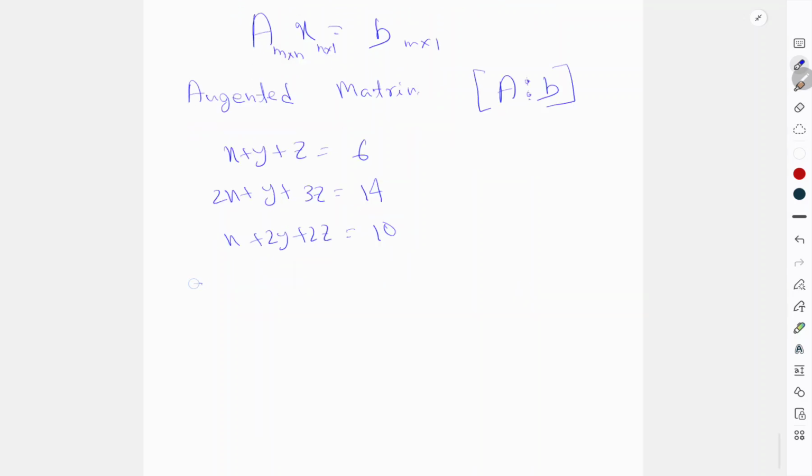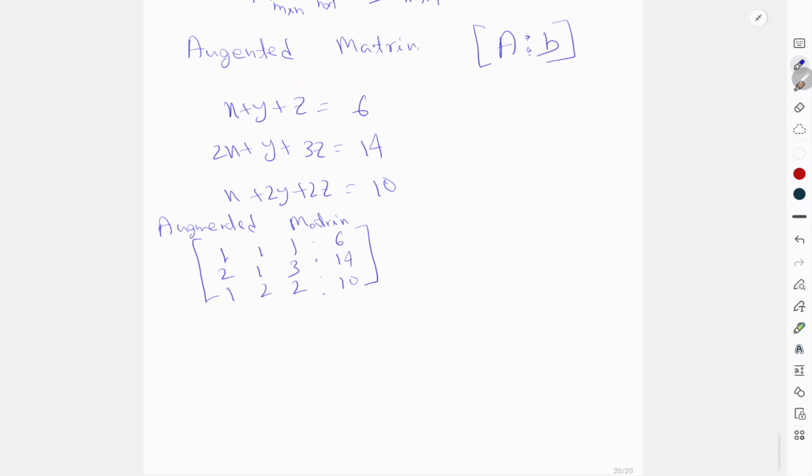If you find the augmented matrix here, you have 1 1 1, 2 1 3, 1 2 2, then you have 6, 14, 10, right? This type of matrix. Now it is your job. You apply some row operations.